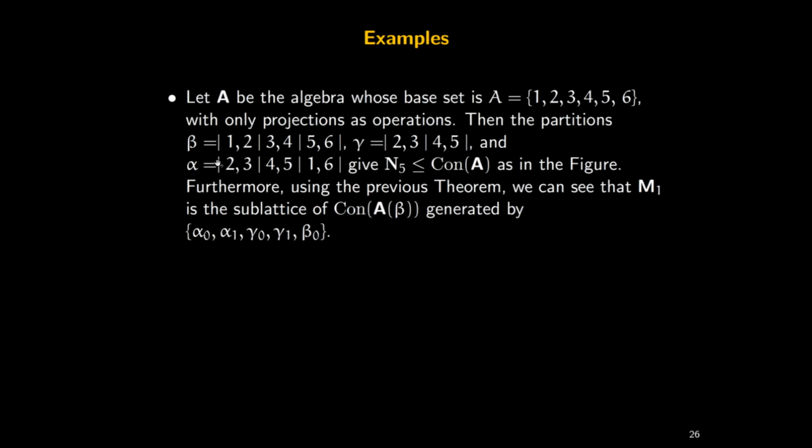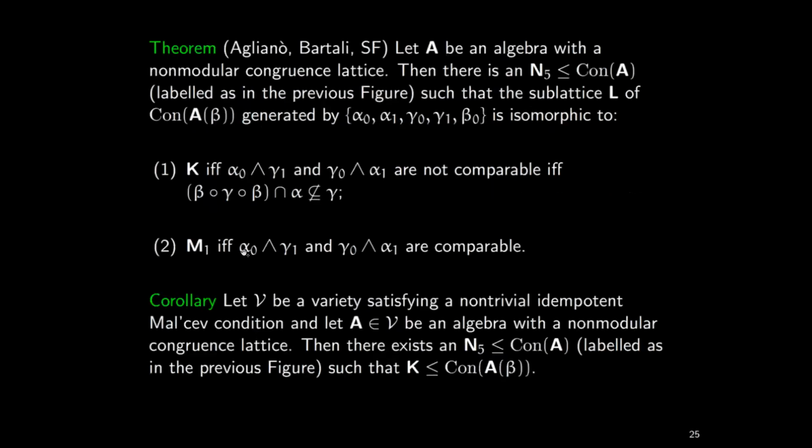In this example, alpha, beta, and gamma generate an M5 inside Con A, and in this case they satisfy point 2.